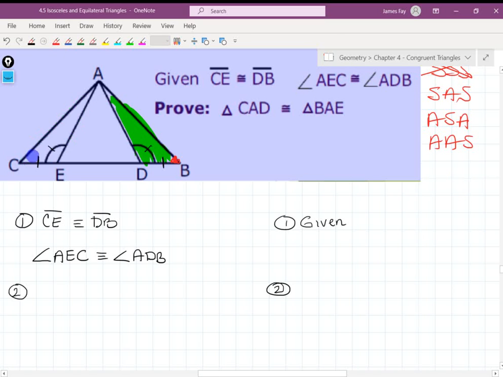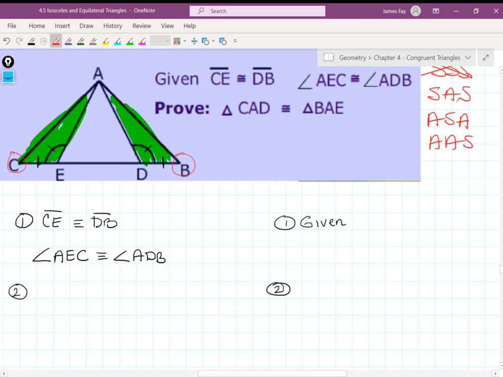Okay, how do you know that? Okay. So, talking about angle C and angle B, we can't show those congruent.